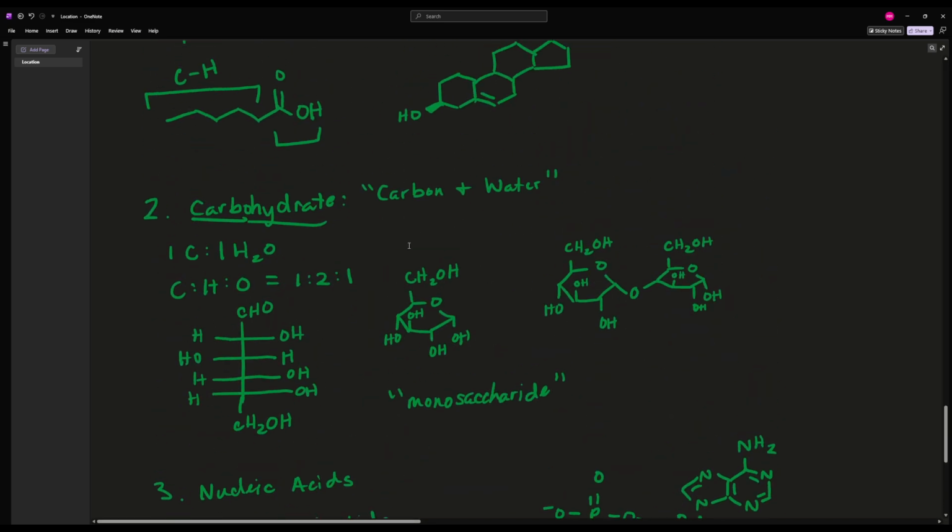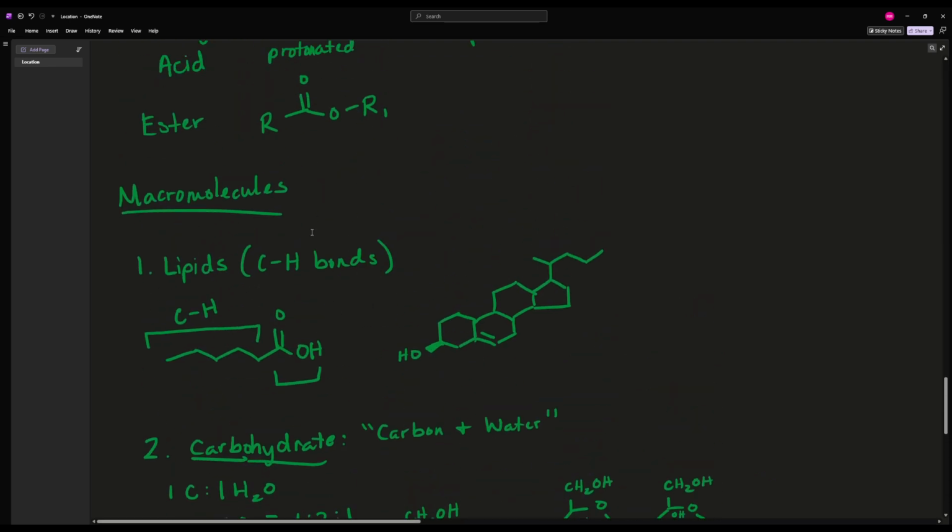Carbohydrates often serve as energy storage. However, they have numerous other purposes for the cell, including protein modification and cell identification. Lipids also have many, many uses, including making up membranes, storage, hormones, all over the place.